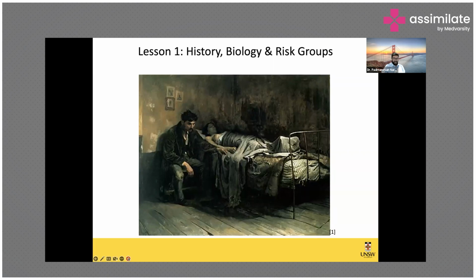They are living in very impoverished conditions, and they look very malnourished. So this is just to highlight that TB is not just a medical disease; it is a social disease, and it has become more relevant at this point of time.